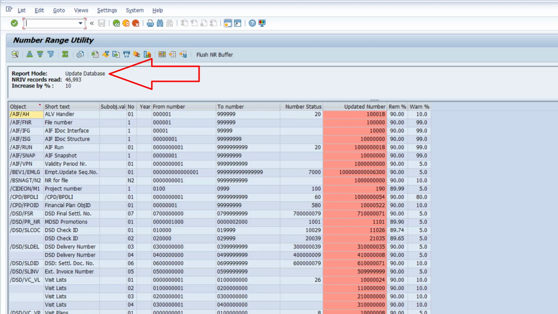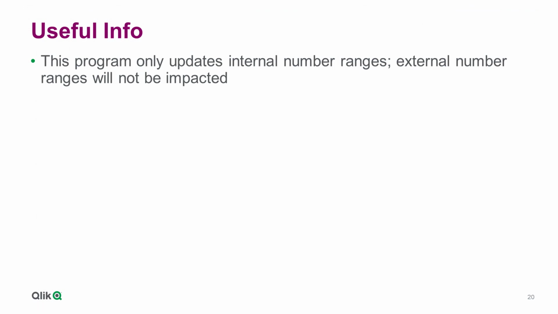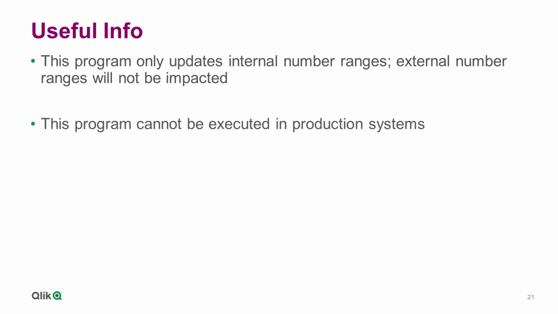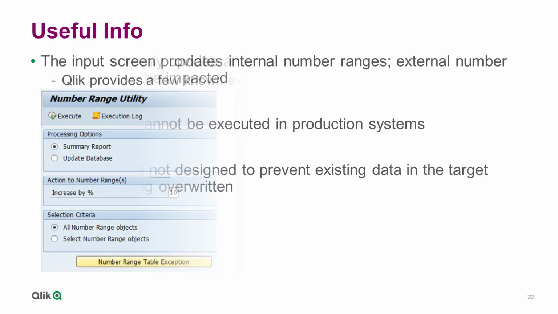Let me share with you some useful content. This program only updates internal number ranges. As such, external number ranges will not be impacted. This program cannot be executed in production systems. This program is not designed to prevent existing data in the target client from being overwritten.